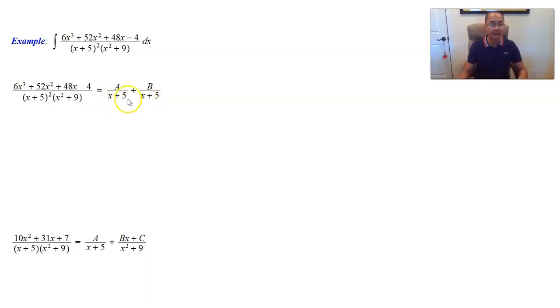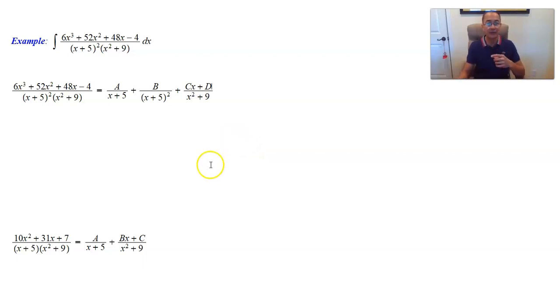So you'll have b over x plus 5 squared. So let's replace this. And then for the quadratic, you will get something that looks like this, but we just use the b. So change the letters. That will be a cx and a d.